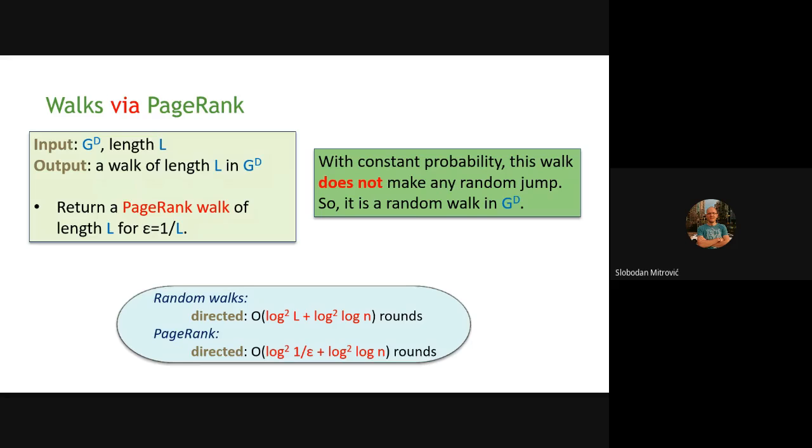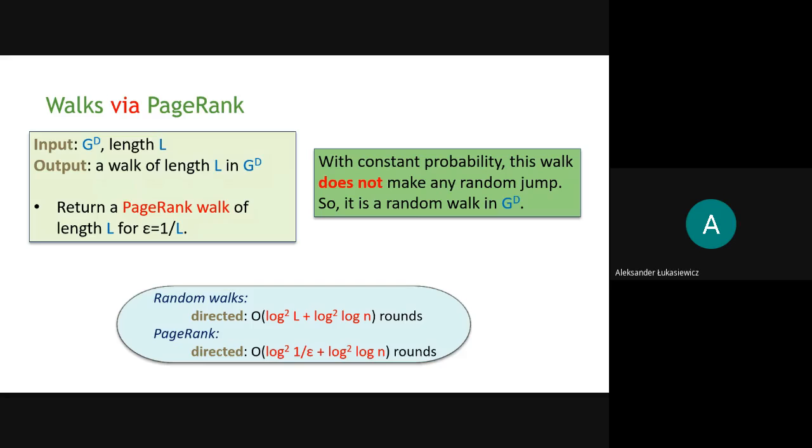and in fact, these walks will be discarded in this application. But you know that if you run, say, log n walks instead of only one walk from each vertex, then one out of those log n with high probability wouldn't have any random jump, and that's it. And this is the walk you're having.